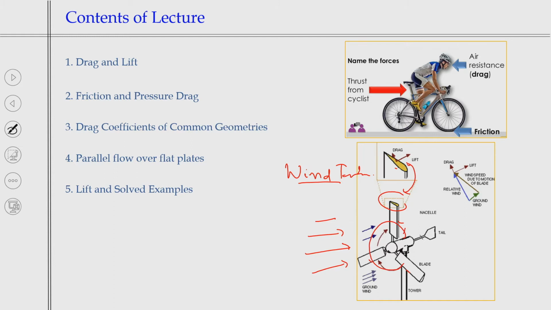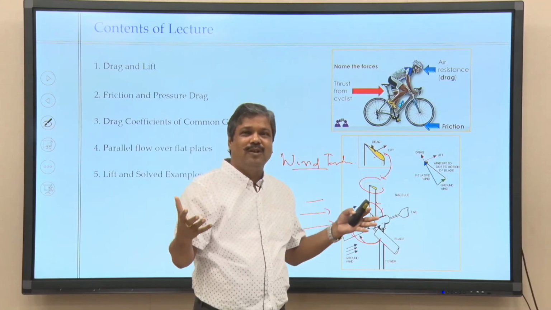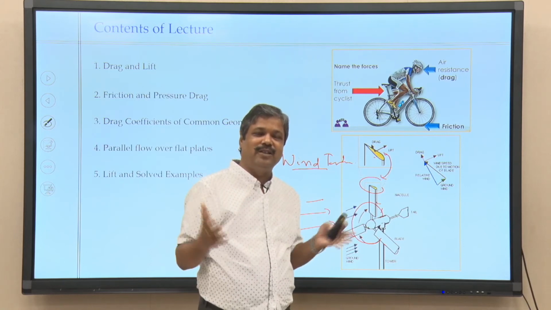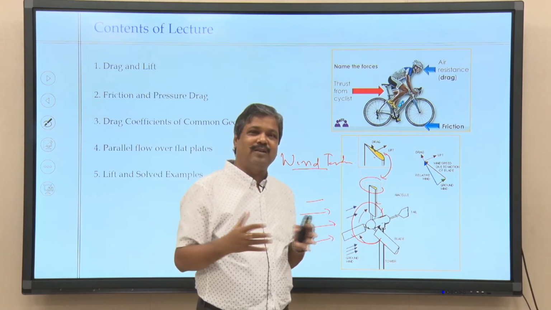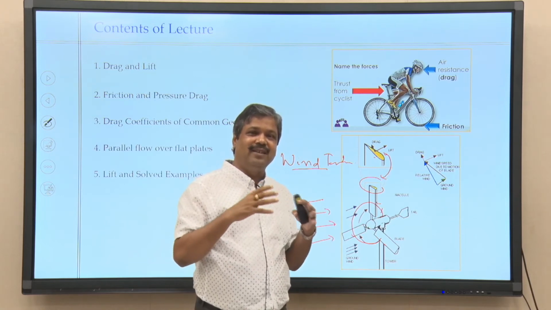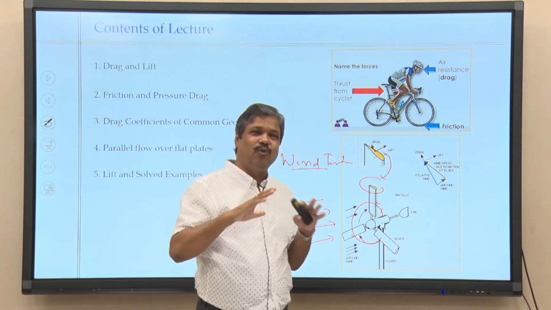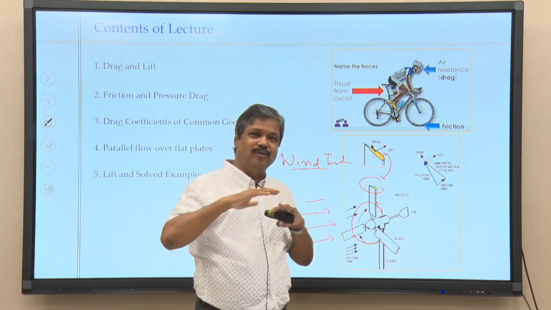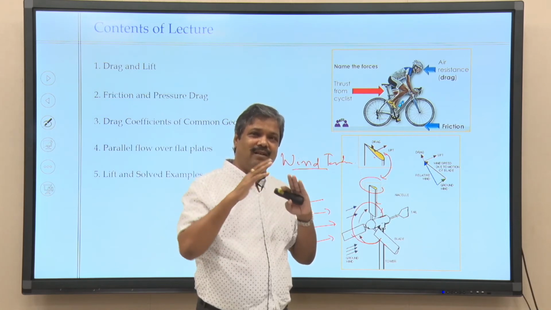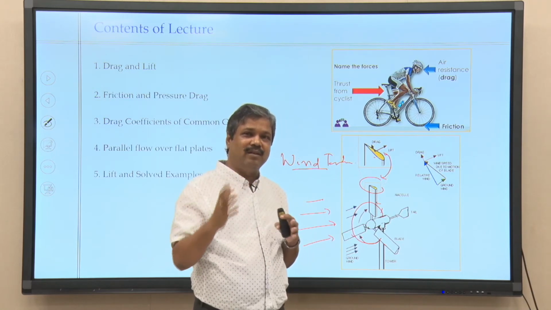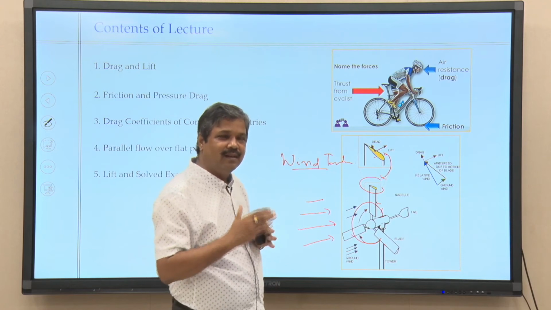More details you can understand in higher classes, but beyond wind turbines, you can talk about the cyclist, swimmers, or any gymnastics. If you look at the beautiful part of gymnastics, he or she trains with lift and drag force such that he knows how to change the body shape and also the wind speed so that he can perform the gymnastics very well.